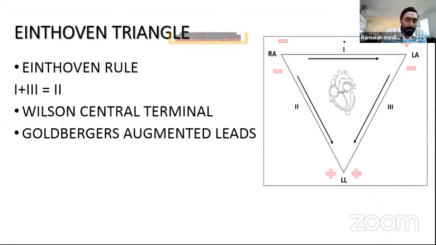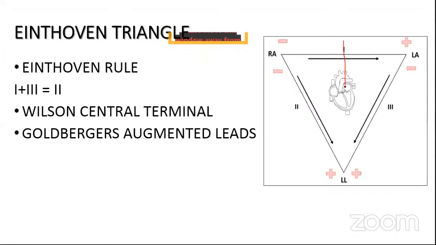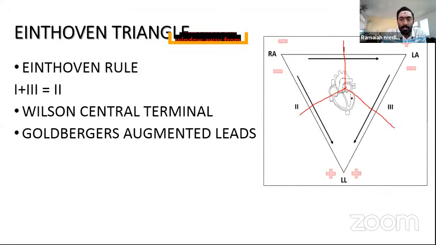Then there was one more person who said, let's take the midway or central electrical neutral point between all these 3 leads. So we arrive at a point called 0. This 0 was called the Wilson central terminal. This Wilson central terminal was modified further by Goldberger.